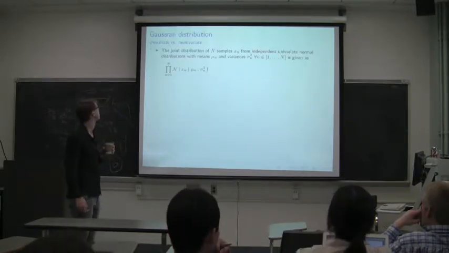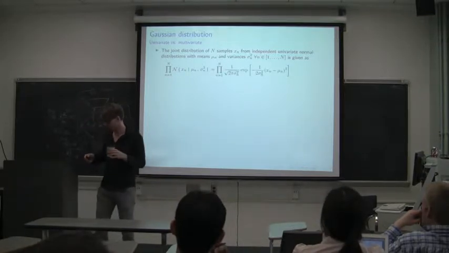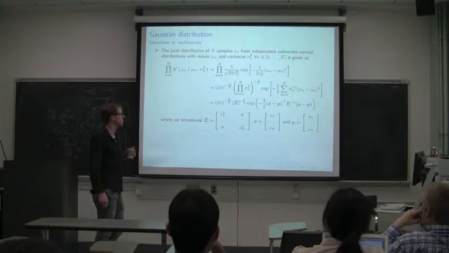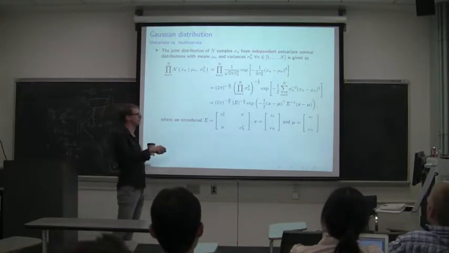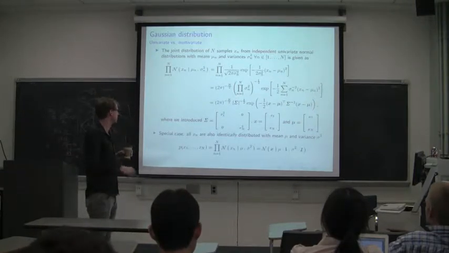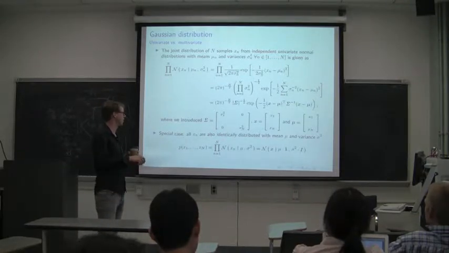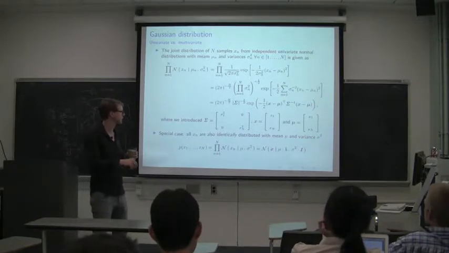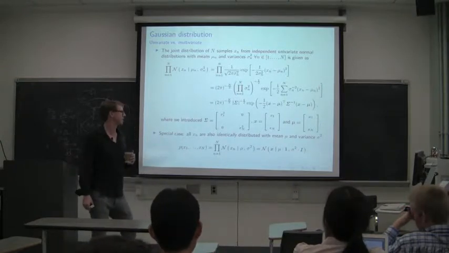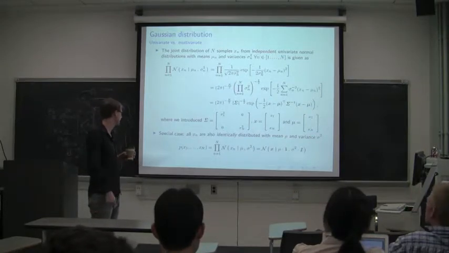Okay, so the first thing that we noted is that the product over n independent Gaussians can be written as one multivariate Gaussian, where we construct a covariance matrix, which is a diagonal matrix, and a mean vector. The special case is the IID Gaussian, where all the samples have the same mean and the same variance, in which case the mean vector is a constant mu, and the covariance matrix is identity times a constant sigma squared.